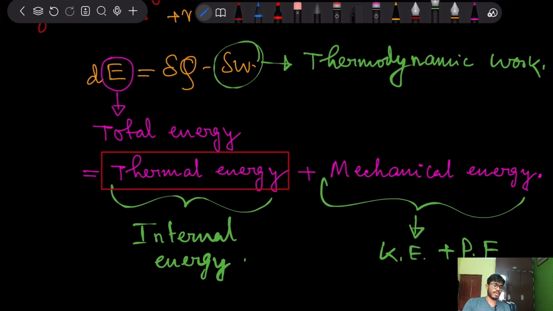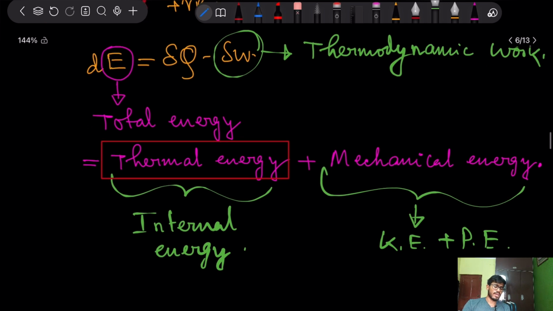Now, if there is a solid, then you cannot apply a displacement work. Even if the solid is deformable, we are neglecting that deformation work, and you also cannot have any shaft work in a solid. You only can have an electrical work transfer.